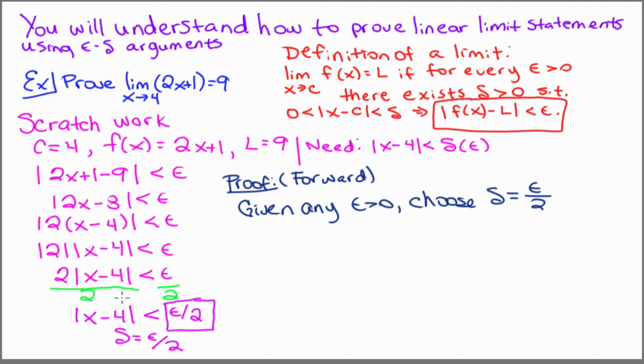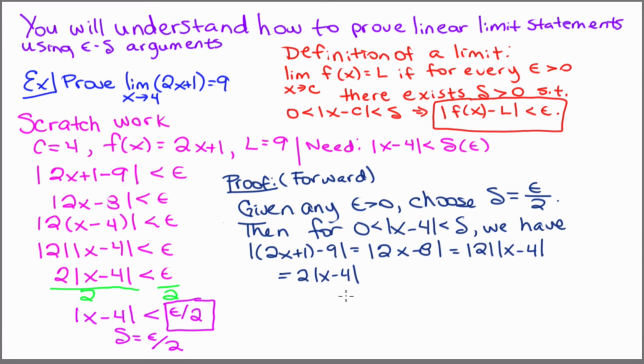And that's because we found that in our scratch work earlier. Then for the distance between x and 4 less than delta, we can rewrite our scratch work in the forward direction. We'll begin with f of x minus L, which will be 2x plus 1 minus 9, and then we'll work our way toward that being less than epsilon.